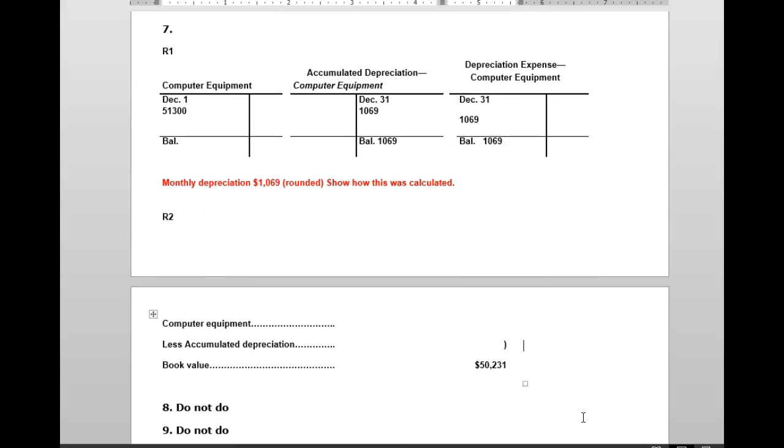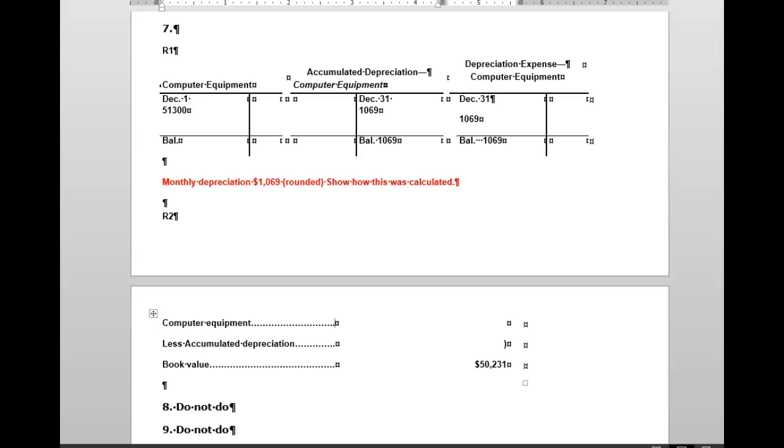Now, this is how this works on the balance sheet. It asks you, what is the book value? Well, we started with, I'm not quite sure how that is set up. Here it is. So we started with 51,300, correct? We have depreciated out at this time 1069, which is showing in our accumulated depreciation.